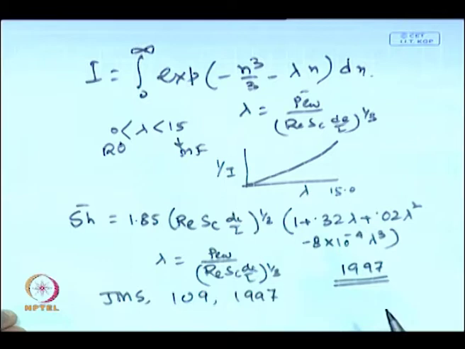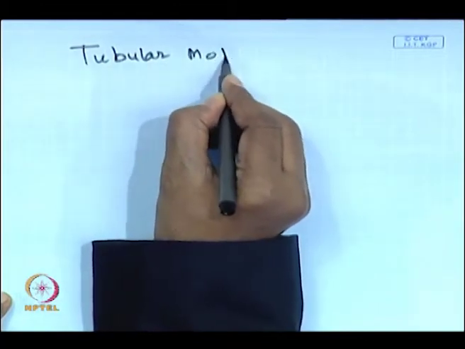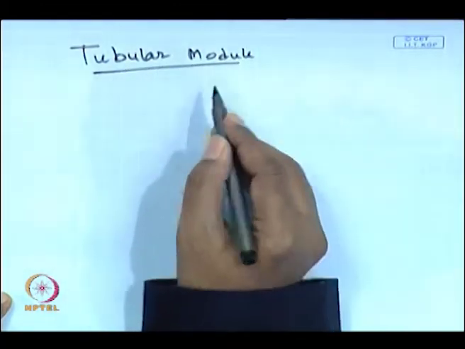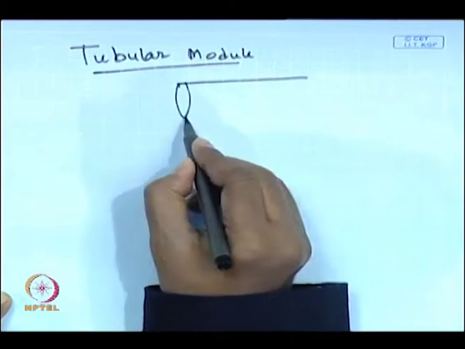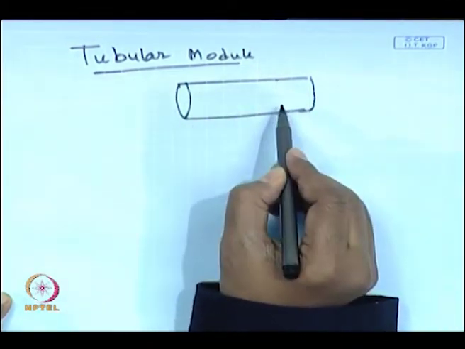Okay. So we have solved this problem for the rectangular conduit, for the tubular flow, for the radial channel flow. Similar analysis can be carried out for the tubular flow. If the conduit is a tube, that means the flow is occurring through a tube and the wall is porous. Okay.